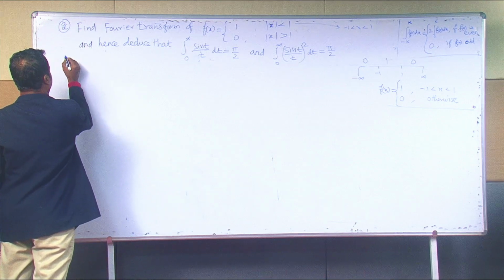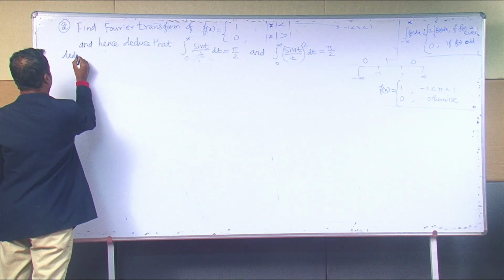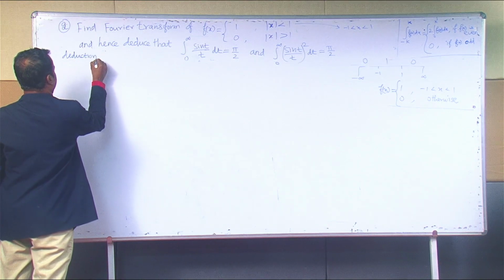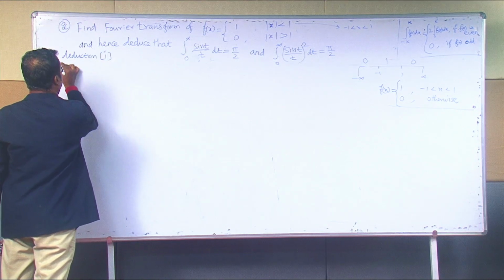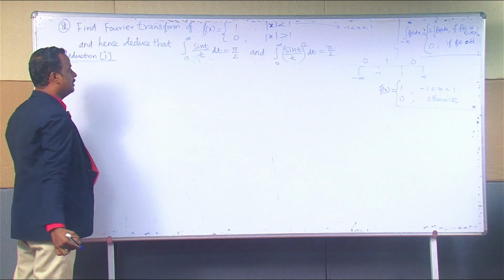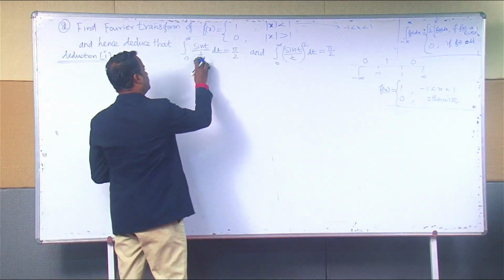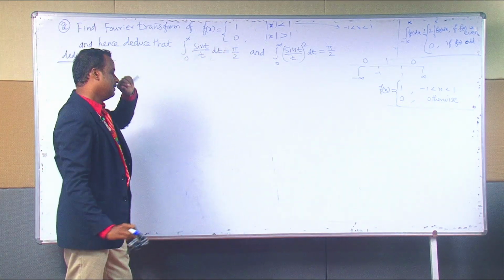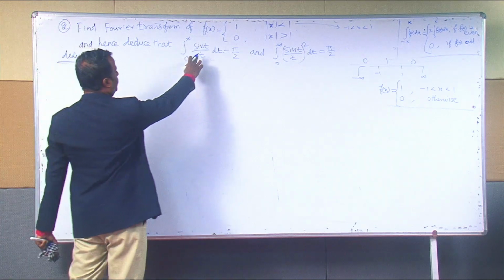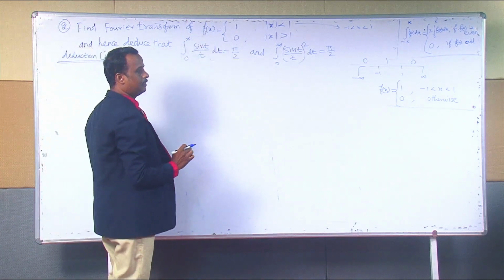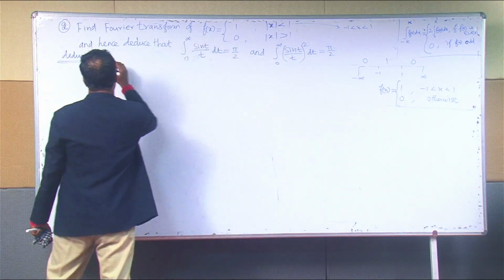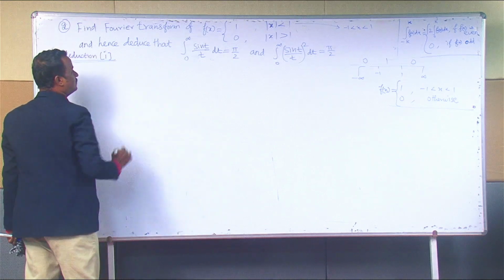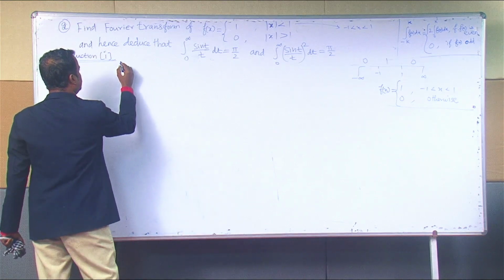Part 1. To prove the first part of the deduction, see the first part's integral 0 to infinity sin t by t, which is equal to pi by 2. Now there is no square or even powers in the whole function. Therefore we can use the inverse Fourier transform formula.